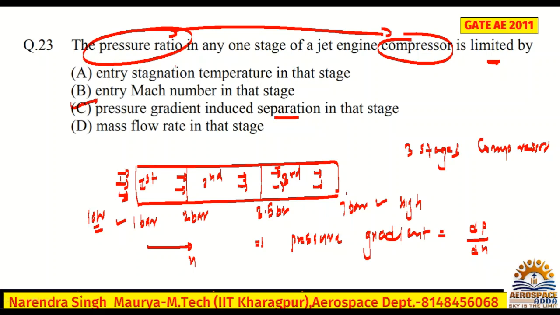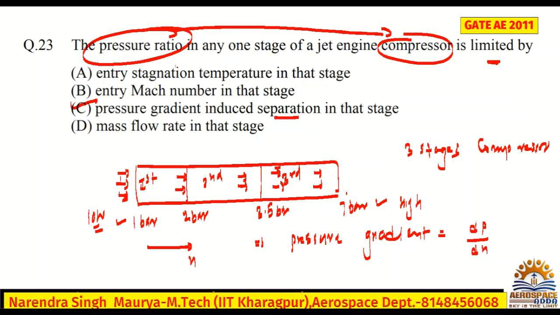Otherwise, you could add more stages, 1, 2, 3, 4, 5 up to 10 stages. But just think, in 10 stages, what will be the biggest pressure difference? You can understand how much pressure burden is on the compressor blades. That's the reason you have nominal stages like 2 stage, 3 stage, not 10, 12, 15 stages. Not possible because of the pressure gradient.